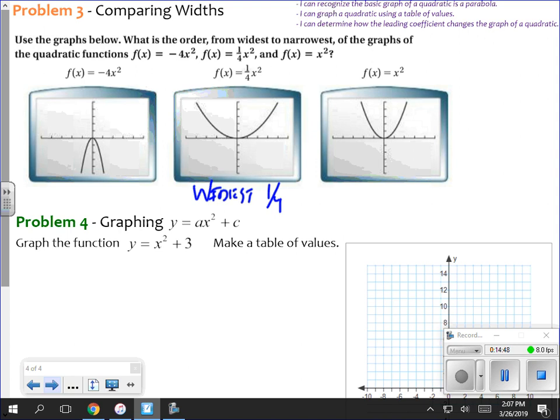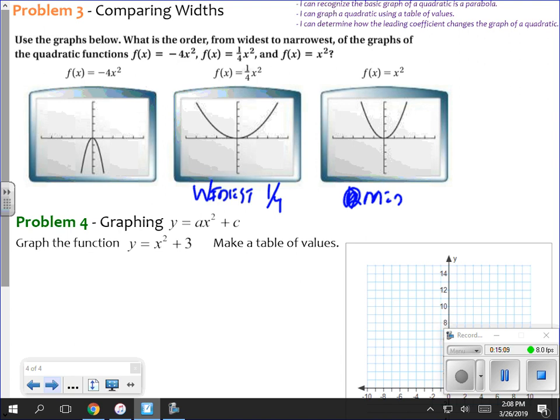The last one. Okay. We'll just call it the middle one because we only have 3. And how many x squareds do I have there? I have y equals x squared. How many x squareds do I have?